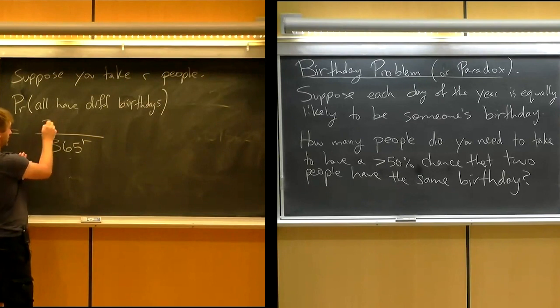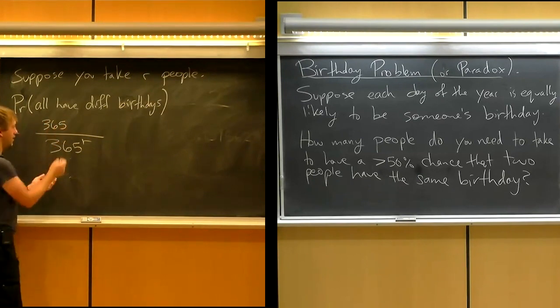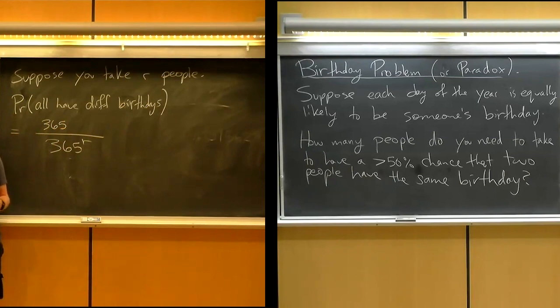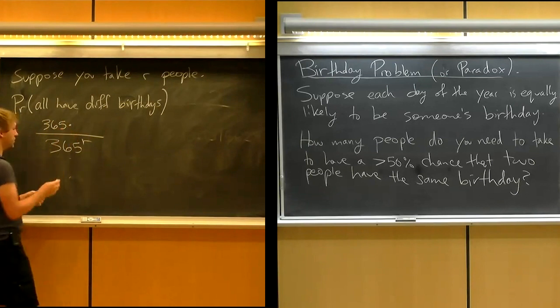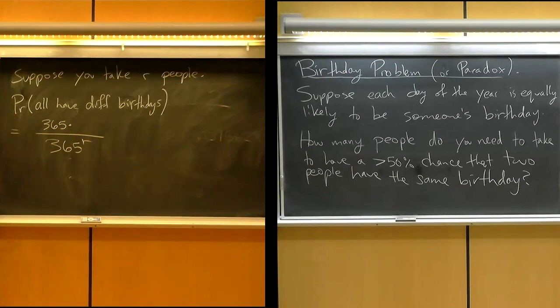So for the first person, they've got 365 choices for birthday. It could be anything, right? But if I want a sequence of R different birthdays, for the second person I only have 364 choices, right?